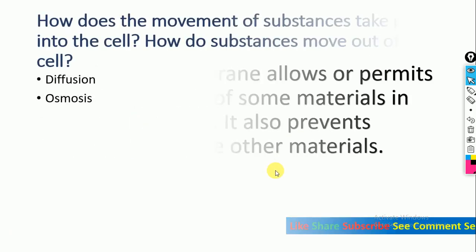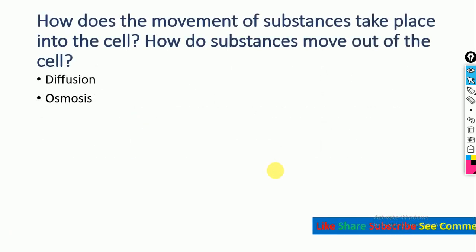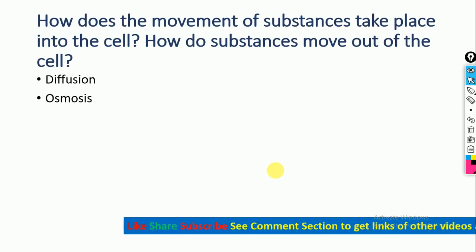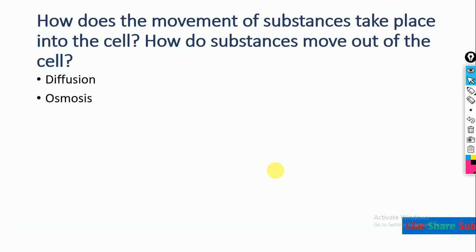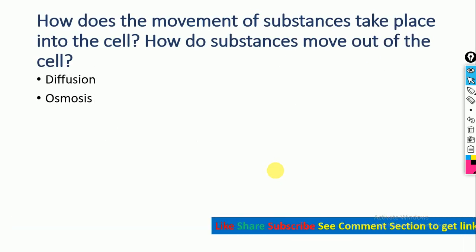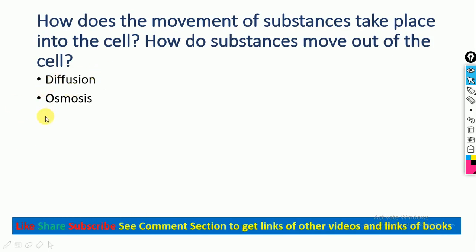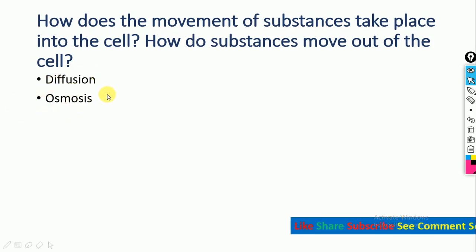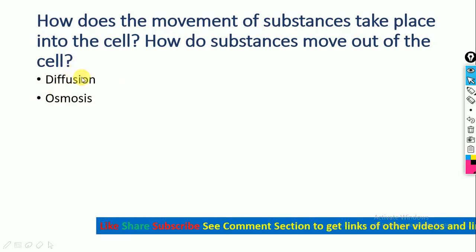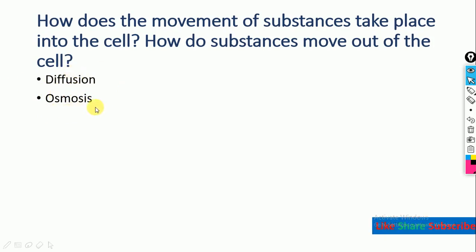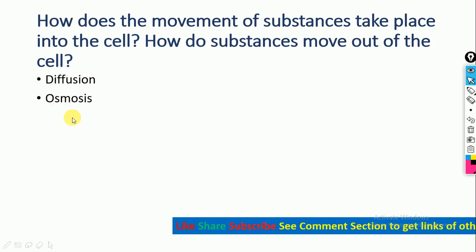Now next, how does the movement of substances take place into the cell, and how do substances move out of the cell? There are two processes, diffusion and osmosis. Here we will see the diffusion of gases CO2 and O2, and osmosis, which is the movement of water.